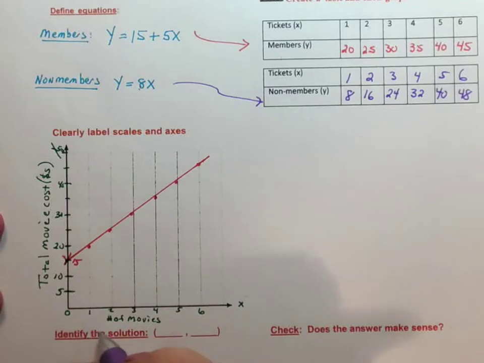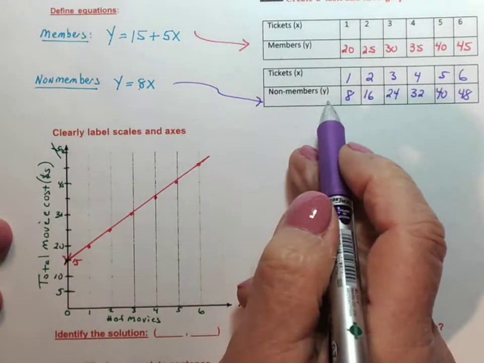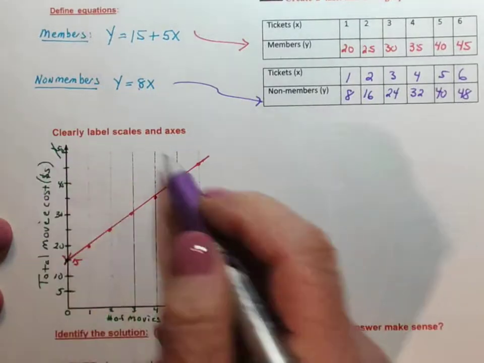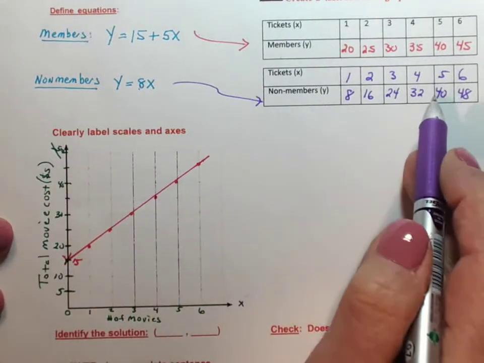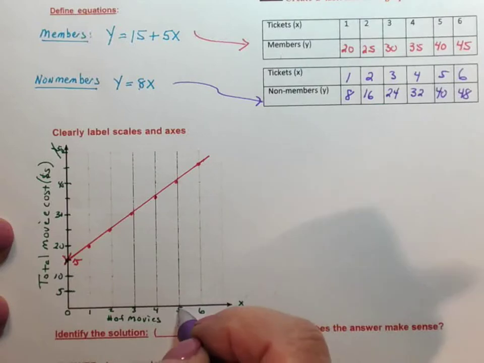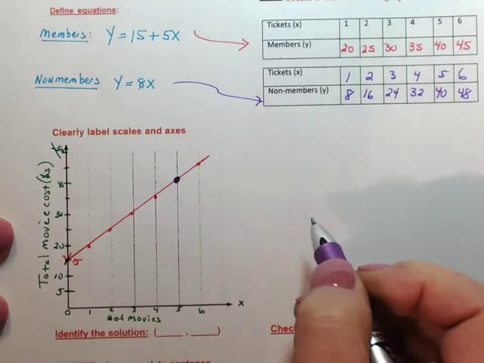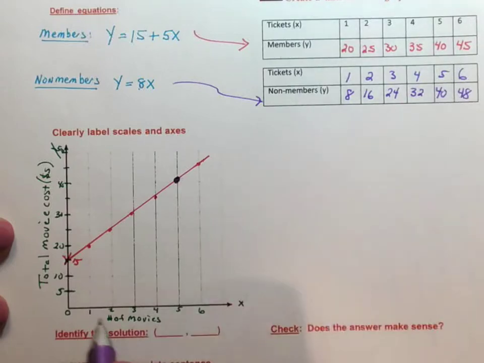Now we're looking at non-members, okay? And because of the way this graph is set up, I'm going to plot 40, because that's going to be right on the grid line. And then it's going up.